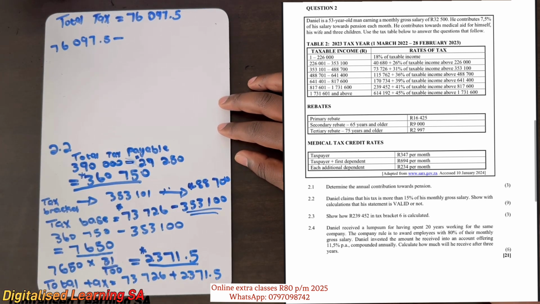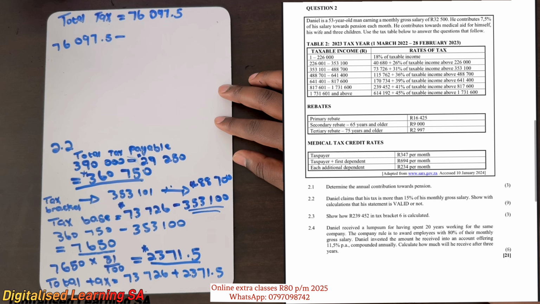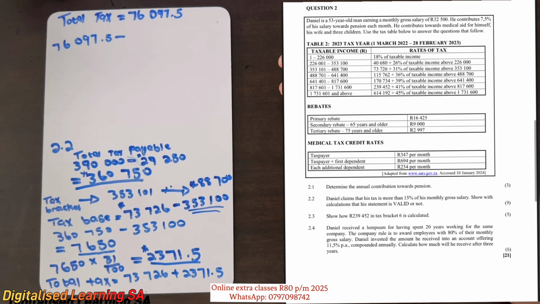Now we need to remove our tax rebates. Remember that tax rebates are the government's way of saying thank you for paying tax. Just because you pay tax, we will reduce your tax by a certain amount. So we need to check which rebates Daniel qualifies for.